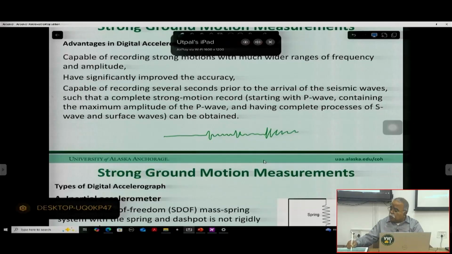So we need to define a threshold value. Let's say I give a threshold value from here, or at any level; you can give any value as a threshold. Let's say I give a threshold like this. The digital record has a memory, right?